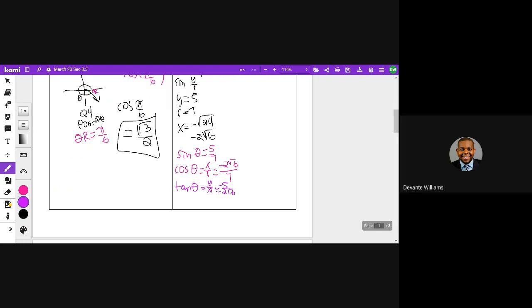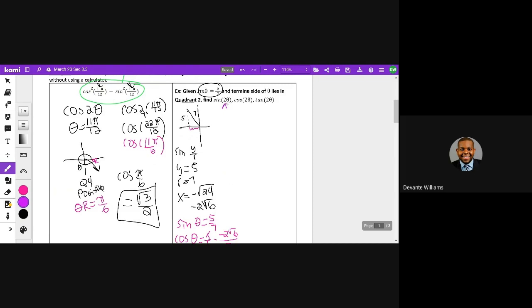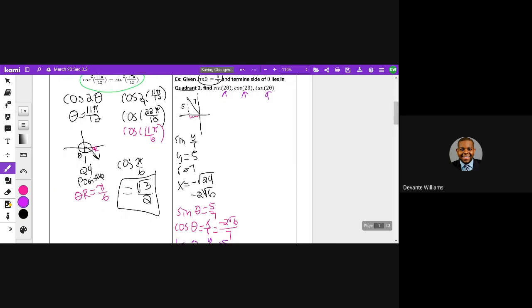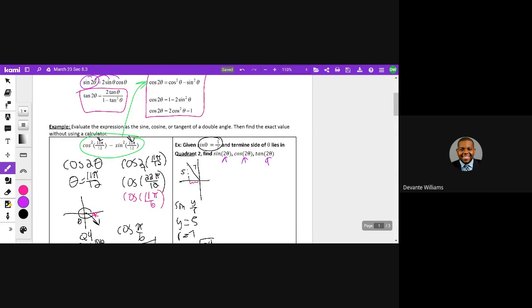All right. But we need to find the double angles, right? So we need to find the sine, cosine, and tangent of the double angle. We're going to use the sine formula here. We know that the sine of 2 theta equals 2 times the sine of theta times the cosine of theta.